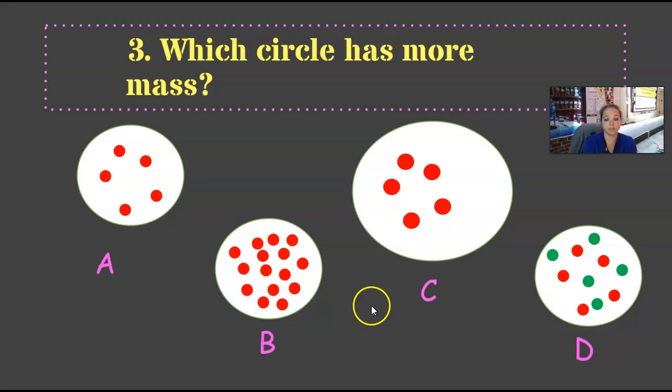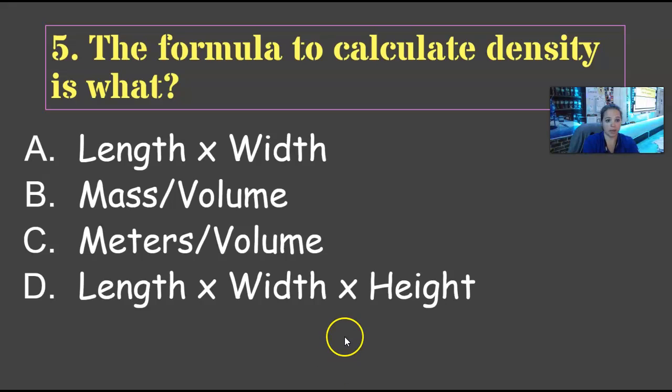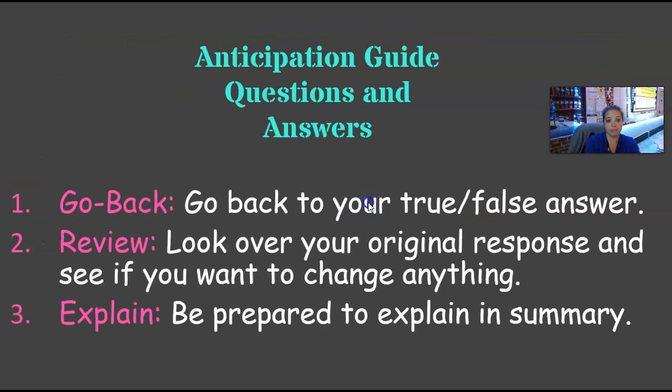B. Which one has more volume? Which one has the biggest space? That would be C. And last but not least, the density formula is mass divided by volume, B.